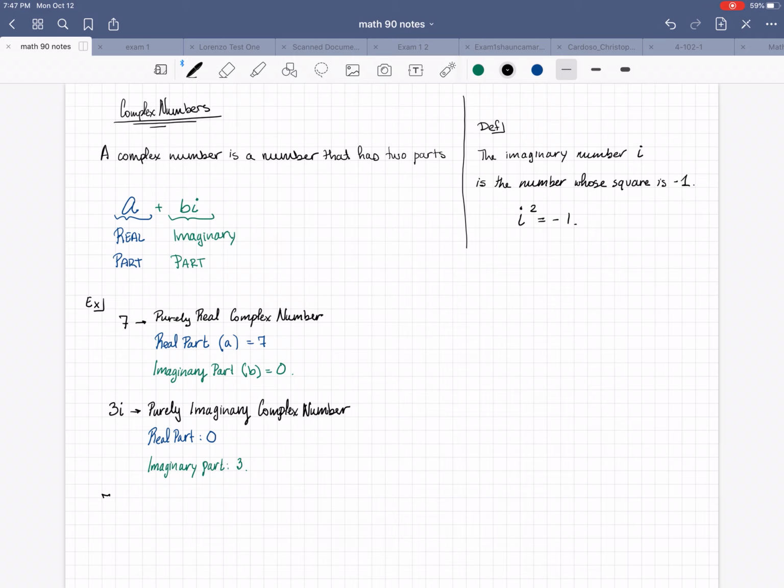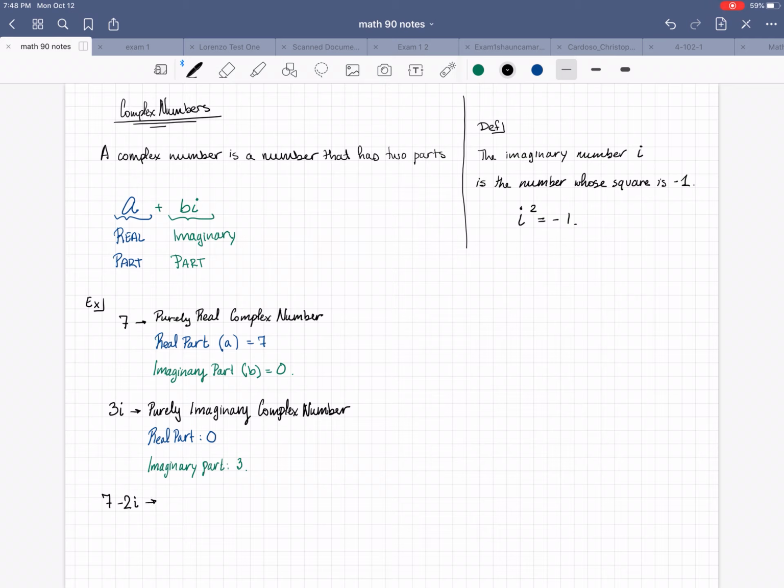Okay? Let's look at a maybe more conventional example. What if we have 7 minus 2i? Okay. So you could pause the video here and take a moment to write down what are the real and imaginary parts of this number.